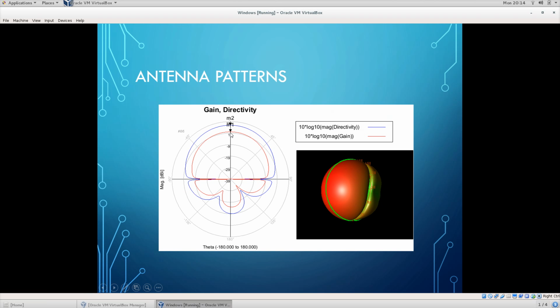The front of this antenna has a gain of a little over 1, almost 2 dBi. The back is somewhere between -29 and -19. I'm not exactly sure. It's probably around -25, something like that.